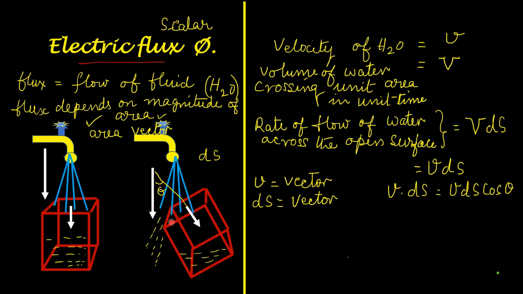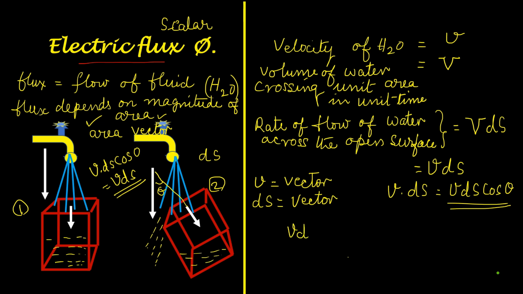But for the second diagram, the projection of area vector to velocity bears a small angle. Okay. So for the first case, it is v ds cos 0 which is equal to v ds because cos 0 is equal to 1. It is maximum. I will mark the diagrams 1 and 2. For the second case, it is v ds cos theta. Theta has some value.